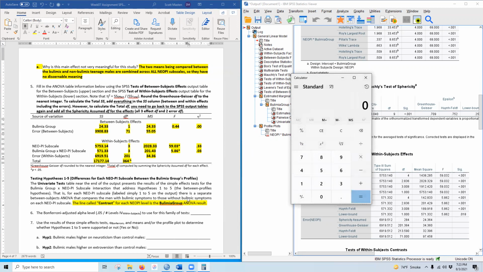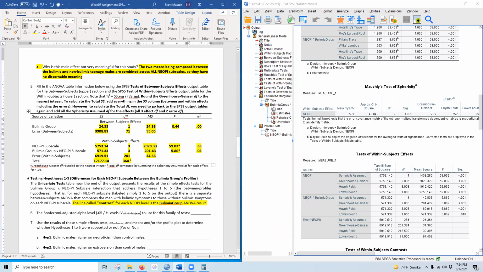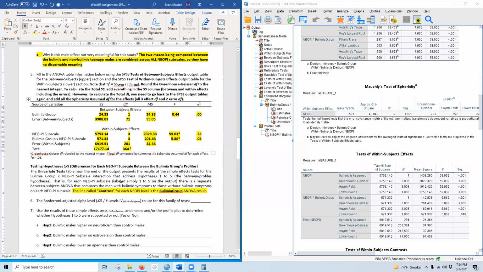Yep. 5753.14 divided by 17177.14 is 0.33. Yep. And finally, 571.33 divided by 17177.14 is 0.03. So it looks like I actually got that right for once. That's crazy, but that's the table.